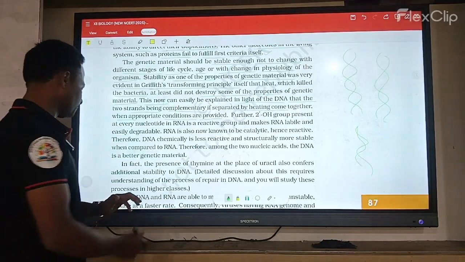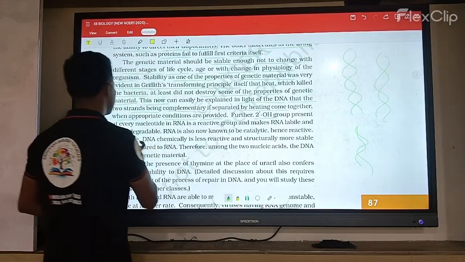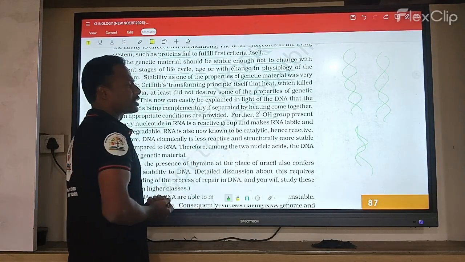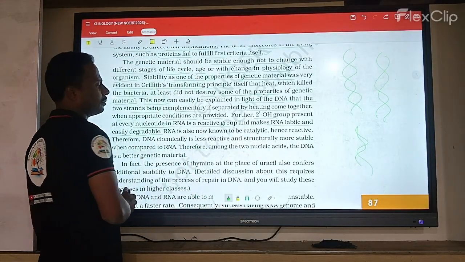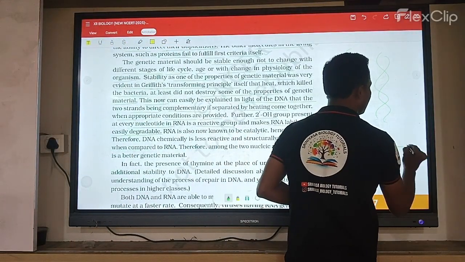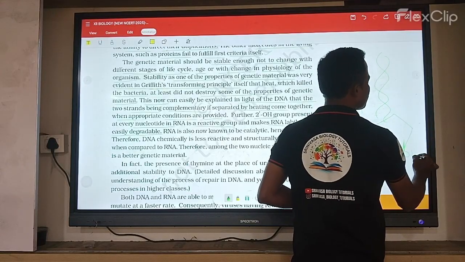Okay. Next, the second OH group present in every nucleotide of RNA is a reactive group that makes RNA labile and easily degradable. So when the OH group is present at the second position of the ribose, what happens?